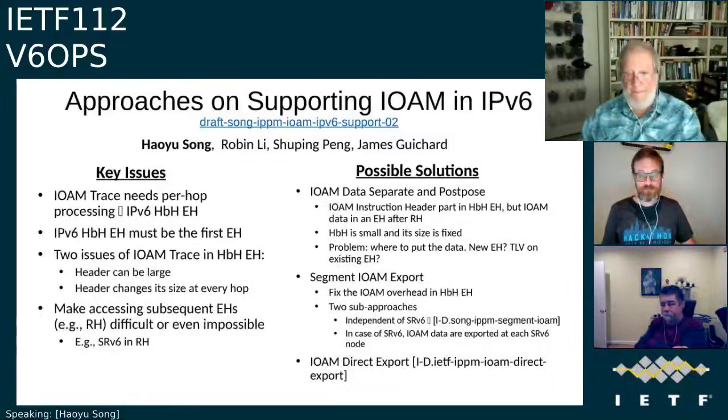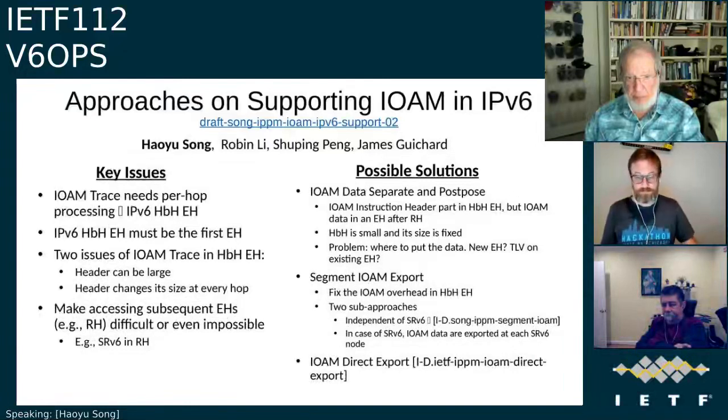Therefore we can easily access the SRH. But this is only applicable to SRv6. And in the general IPv6 network case, we can limit the size of the IOAM header, which means limiting the number of hops from which we can collect data.